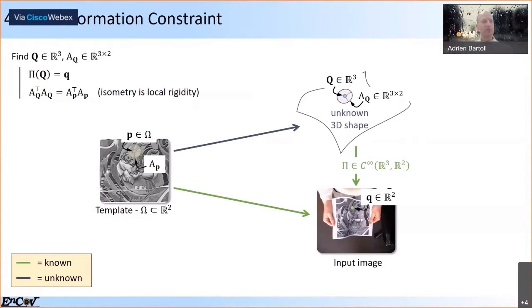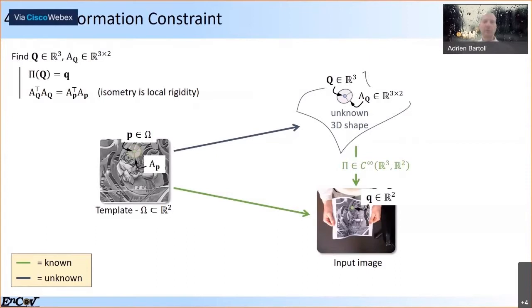The isometry just means that we don't have local extension around the points on the surface. This is a very natural and ubiquitous constraint. It applies to many objects under regular usage, like cloth, skin, paper, of course, and the organs that we observe in surgery in particular. So in my case, this is what I'll be interested in.